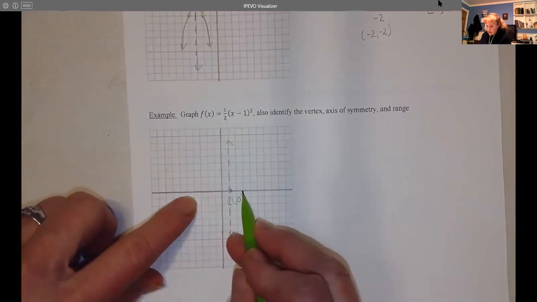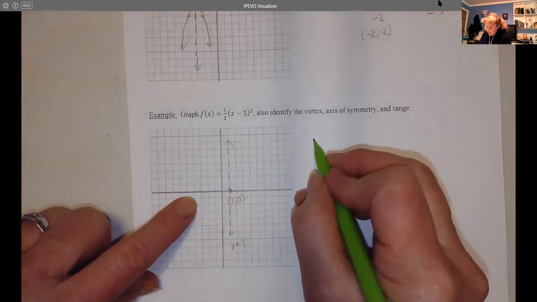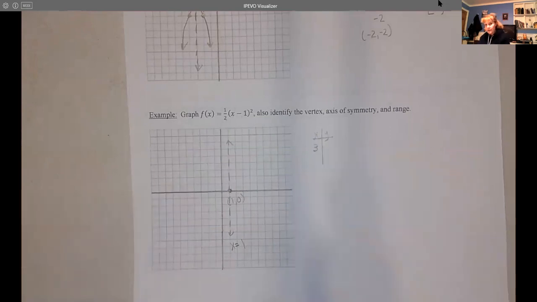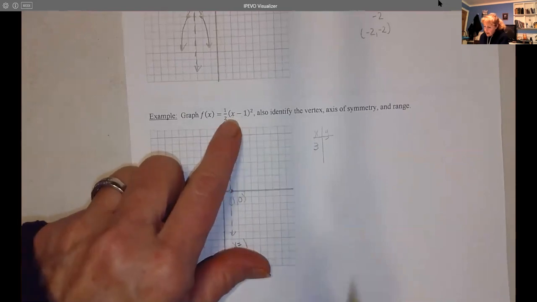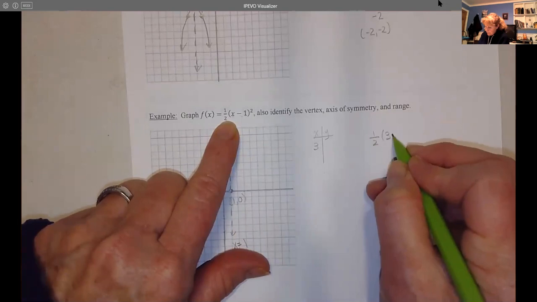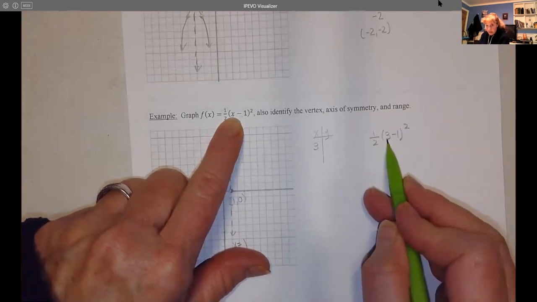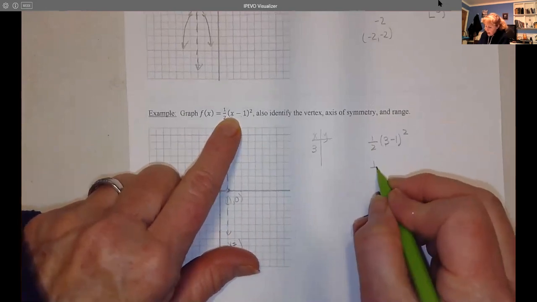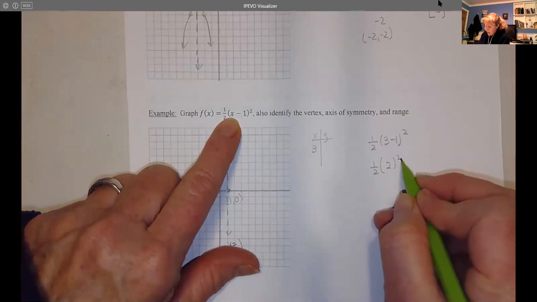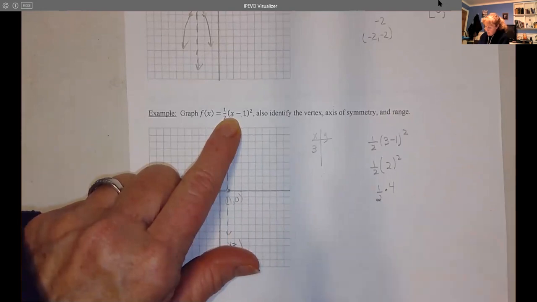Let's try putting in the number 3. So if x is 3, do I get a number divisible by 2? Let me write this out. I just put 3 in for the x. So we have 1/2, PEMDAS, parentheses, exponents, and then multiplication.